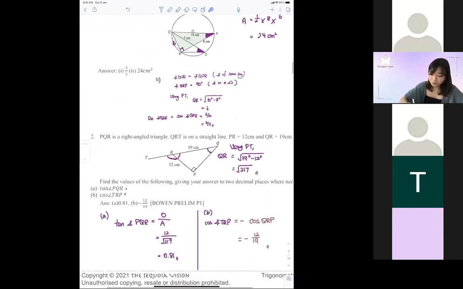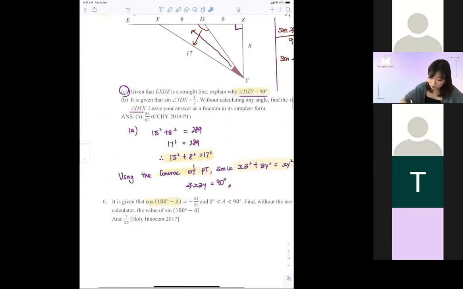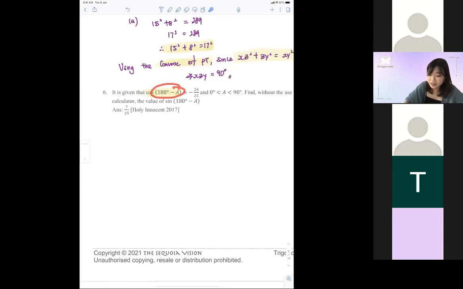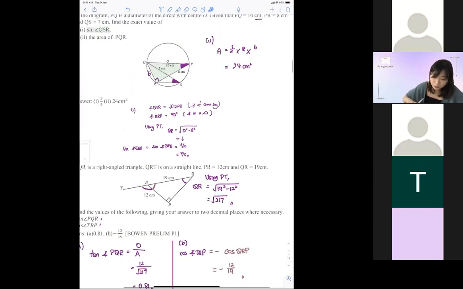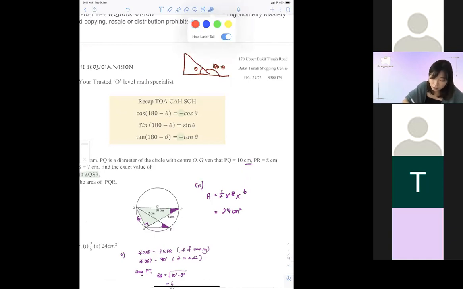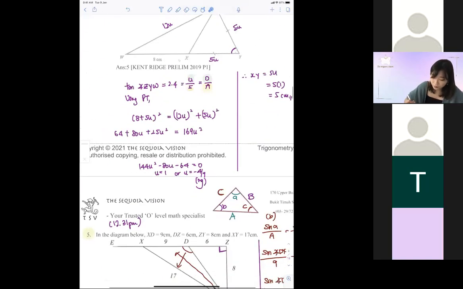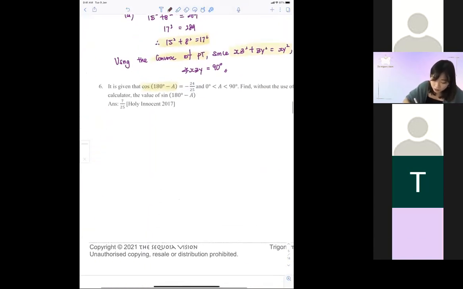So you're lucky if the question gives you something like that, then you will remember only sine, don't need to put negative. But if they change it, they give 180 minus A, you need to know that you must use your formula here. Same thing, cosine of 180 minus theta is minus cosine theta. Only sine, when you convert, doesn't have negative. So let's see, cosine of 180 minus A equals minus cosine A based on the formula, which equals minus 24 over 25.